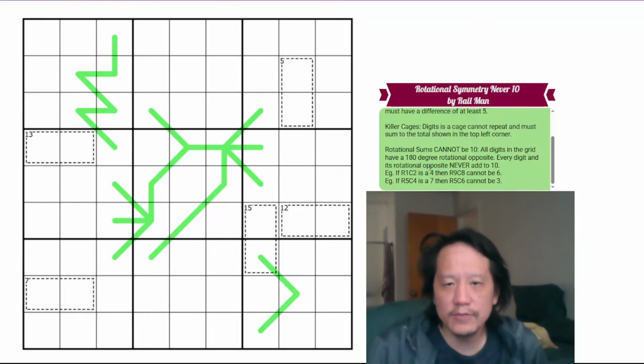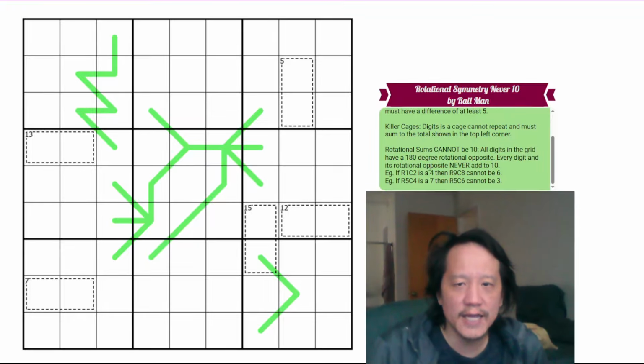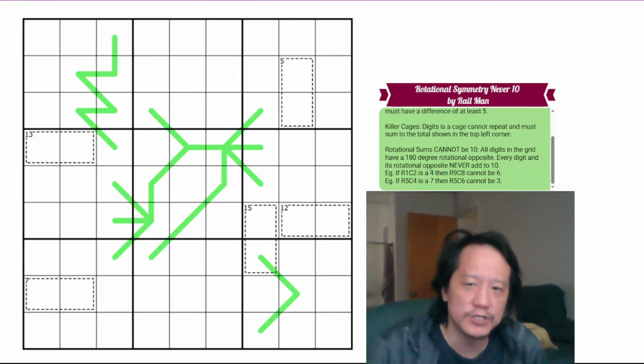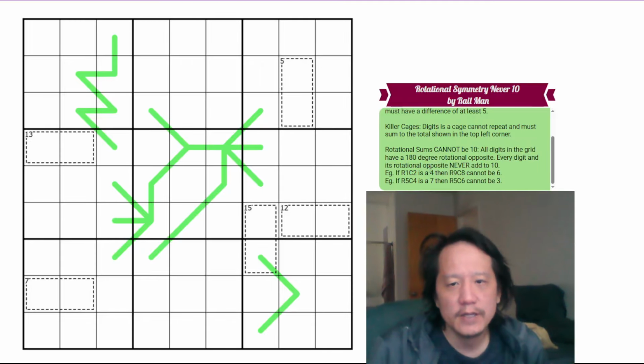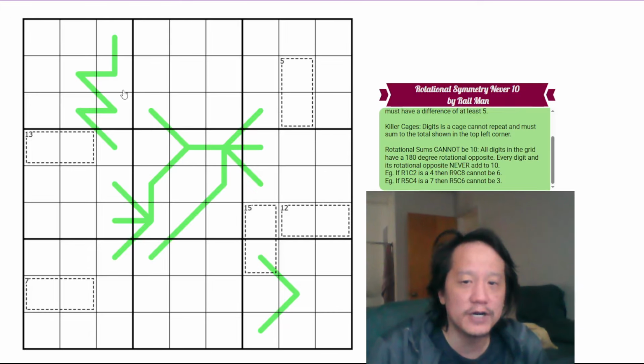And finally, we have rotational sums cannot be 10, which is why Rotational Symmetry Never 10 is the title of this puzzle. That means all digits in the grid have a 180 degree rotational opposite. For example, the 180 degree rotational opposite of this cell would be this cell down here.